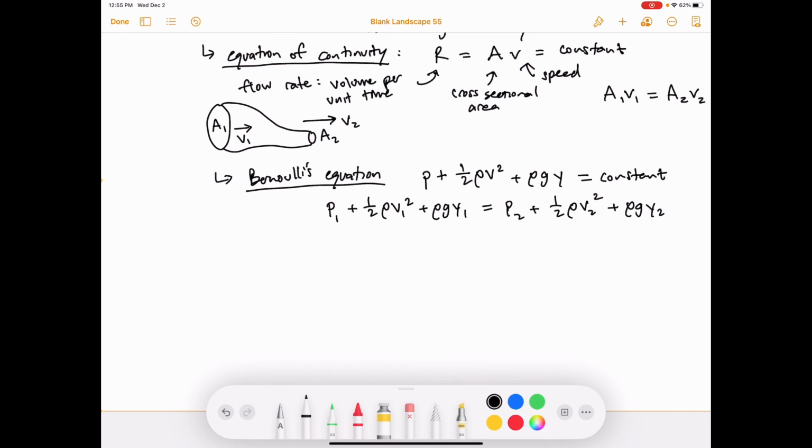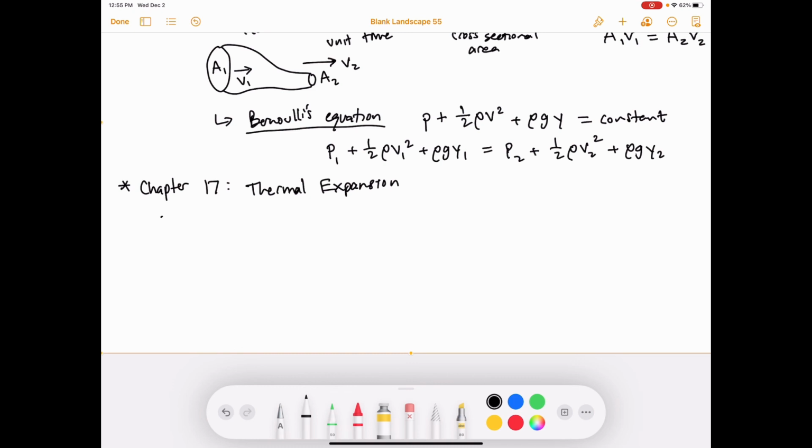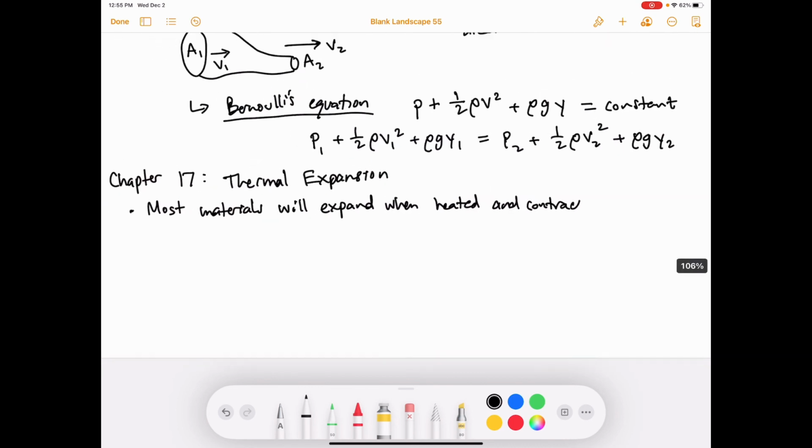And that takes us to chapter 17. In chapter 17, we covered thermal expansion. So the idea here is that most materials will expand when heated and contract to a smaller size if they're cooled down.